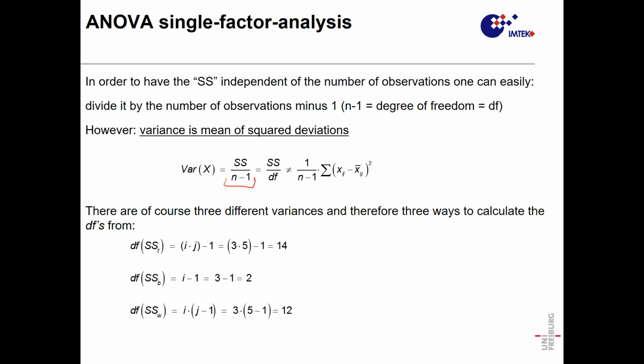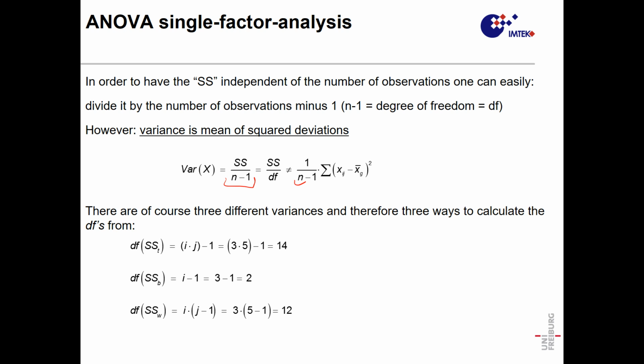But then we will have the problem that it also depends on n. So what we have to depend on is the degrees of freedom. And we come back to our concept of the degrees of freedom. What we do is we take each of the sums of square and we divide it by the degrees of freedom, which will depend on the number of production lines, on the dependent factor, and also on the data.